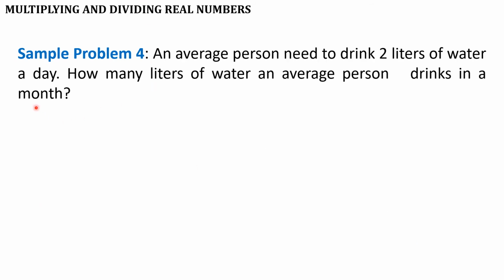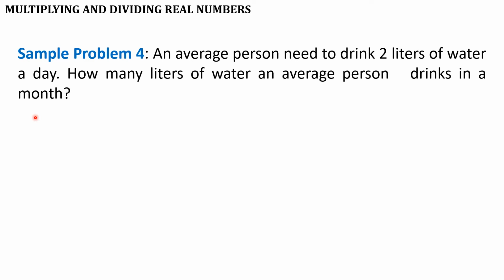So I have here a word problem. And my word problem says an average person needs to drink 2 liters of water a day. How many liters of water does an average person drink in 1 month? And now we can convert that month into days, and how many days are in a month? If you said 30, you are correct. Now you can also say 28 or 31 depending on the month, but we know that the average month has 30 days.